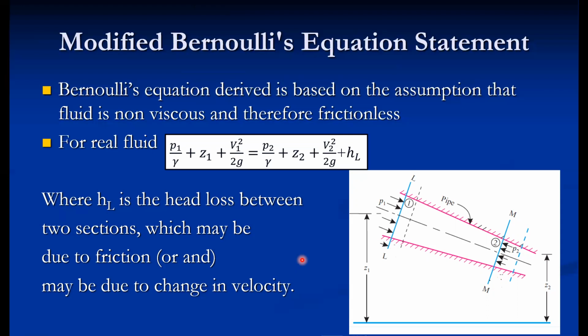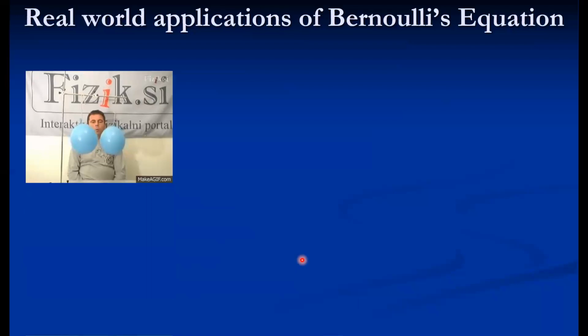Bernoulli's equation and modified Bernoulli's equation are extensively used for solving numericals. They have different engineering applications, but some real world facts also depend on Bernoulli's equation. Suppose we pass air between two balloons, and the cross section is very narrow.